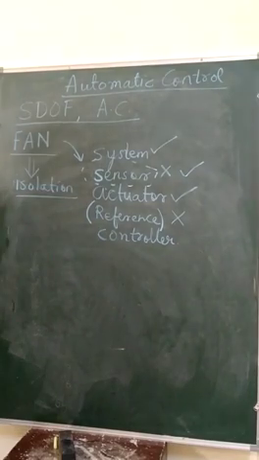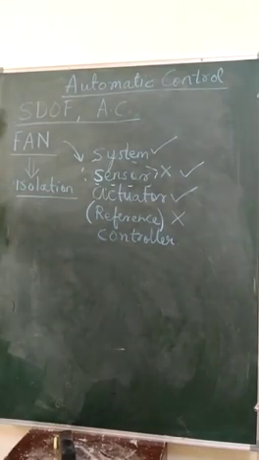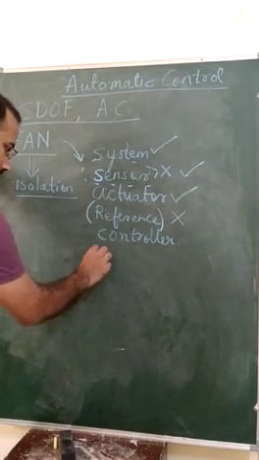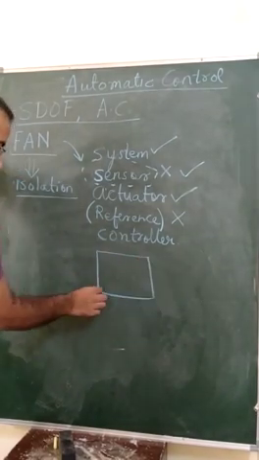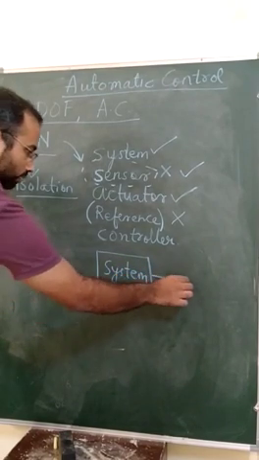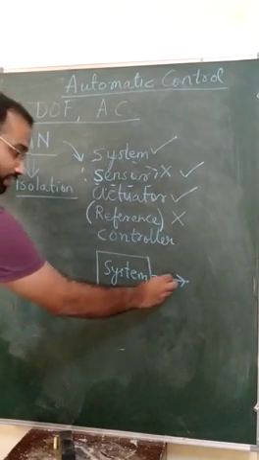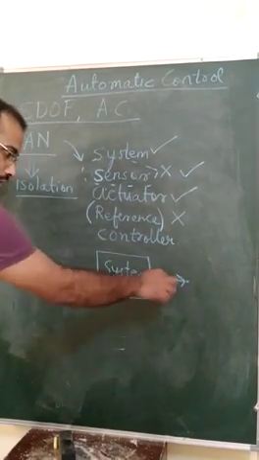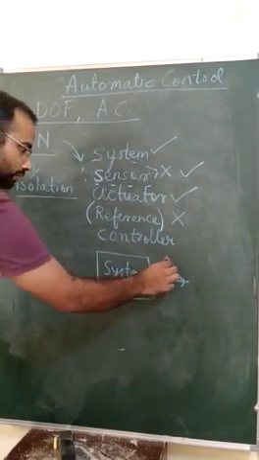If I would like to draw the block diagram for such a system, what would it look like? It would just be a system. There would be its output, which is not going back, which is not being sensed. This is the output of the system.